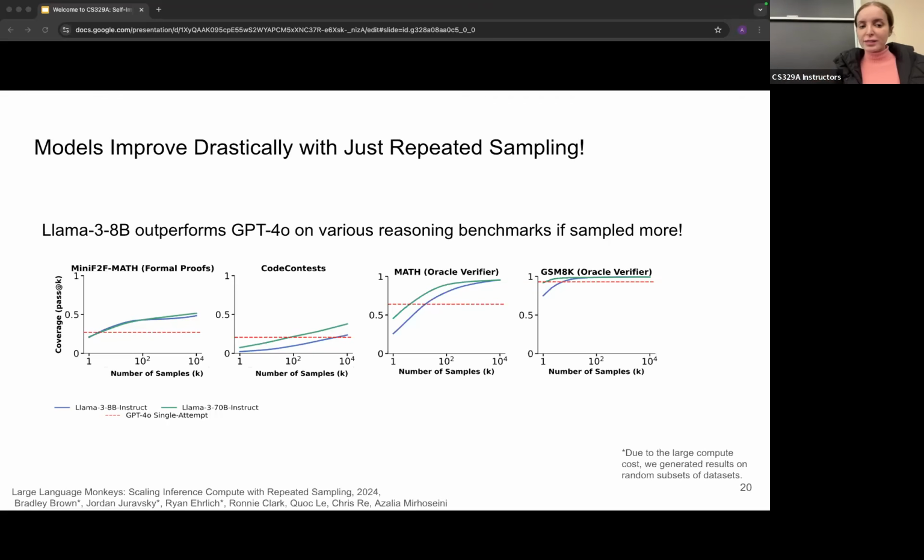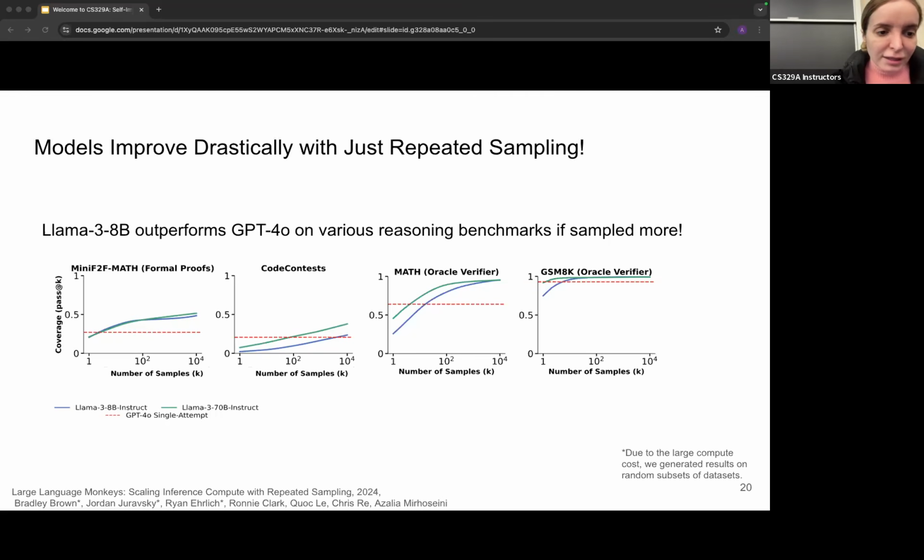What these graphs are showing is the coverage, or pass at k, meaning if at least one of the answers in these repeated samples is correct, we give it a score of 1, and otherwise we don't. So we're increasing the number of samples per problem from 1, which is the most common way of asking a question from an LLM, up to 4 orders of magnitude, up to 10,000 times.